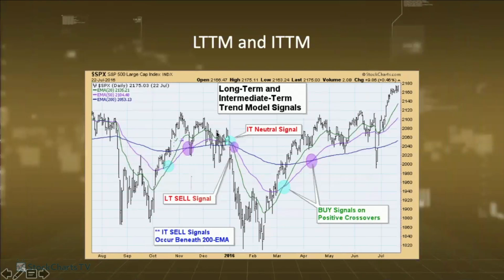And like I said, this is a good one. You've got the 20 crossing below the 50 up here, that negative crossover, but it occurs above the 200-day EMA, so that becomes a neutral and not a sell signal. So that's what I mean, crossing above or below. That's how I determine if it is a neutral or a sell.